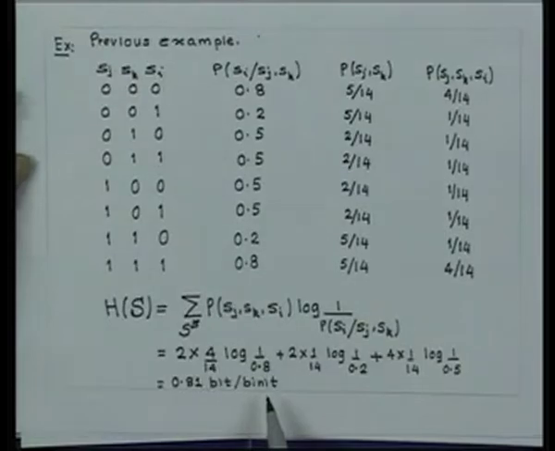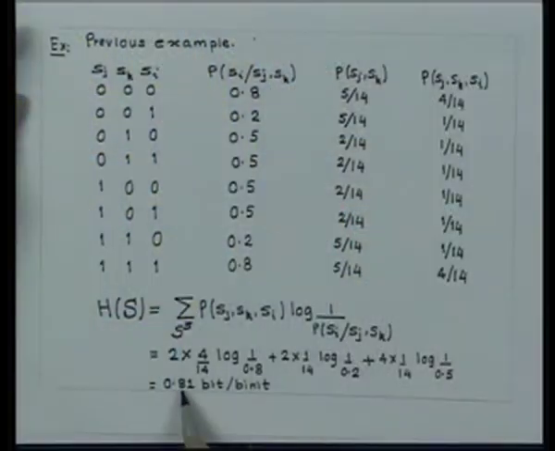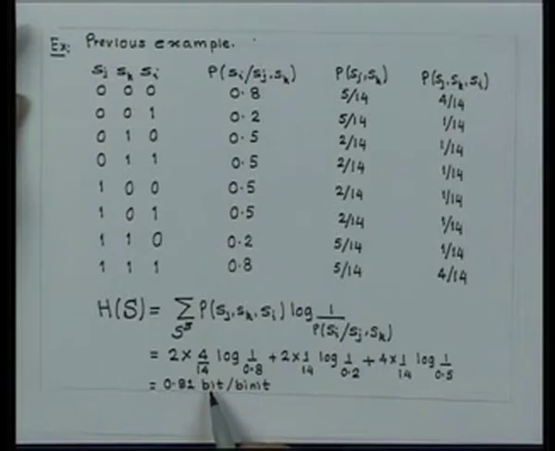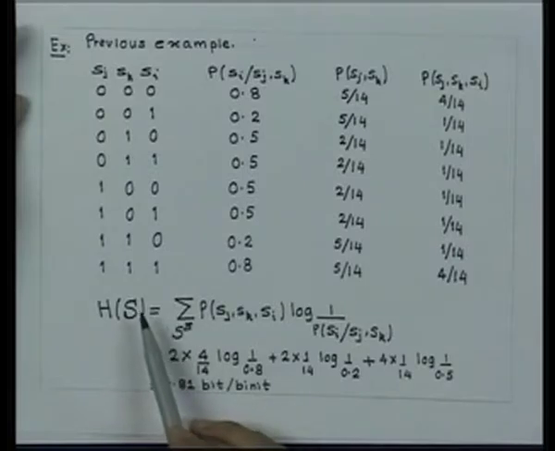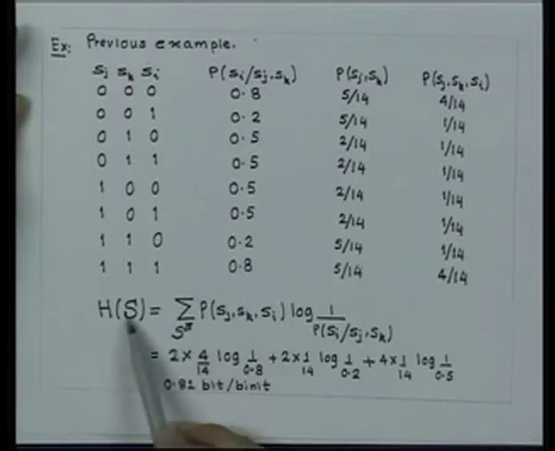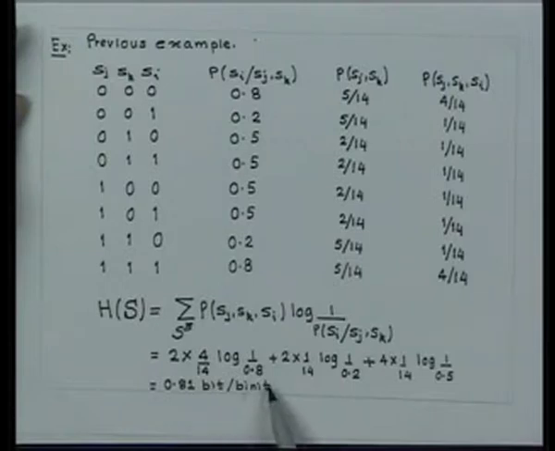So, if I have a second order Markov source, then the entropy of that source is given by 0.81 bit per symbol. If this source was not a second order Markov source and it was a zero memory source, then we have shown that when the probability of occurrence of the symbols 0 and 1 are equiprobable, the entropy of that zero memory source turned out to be 1 bit per symbol.